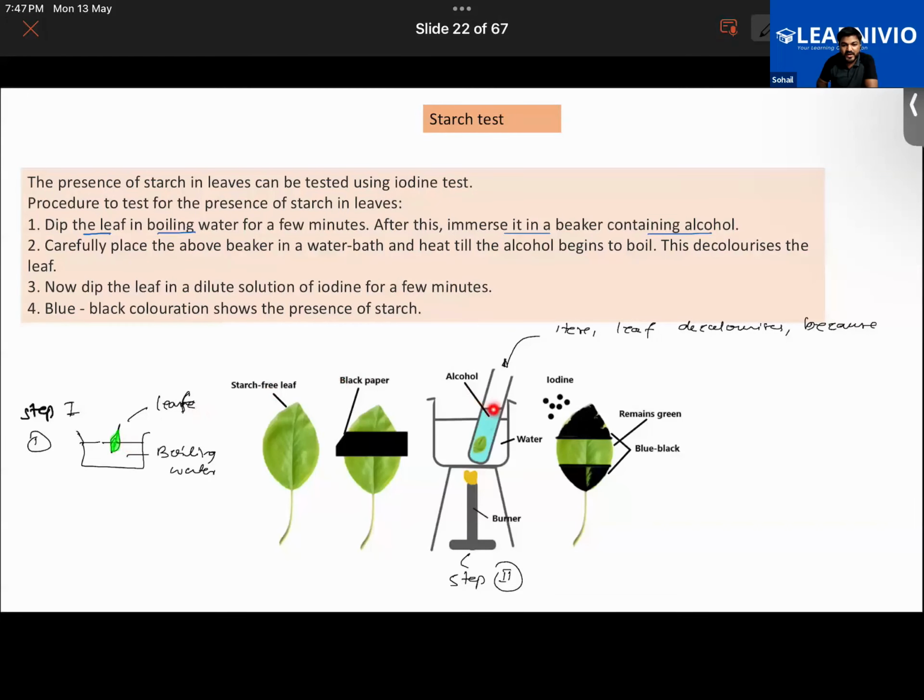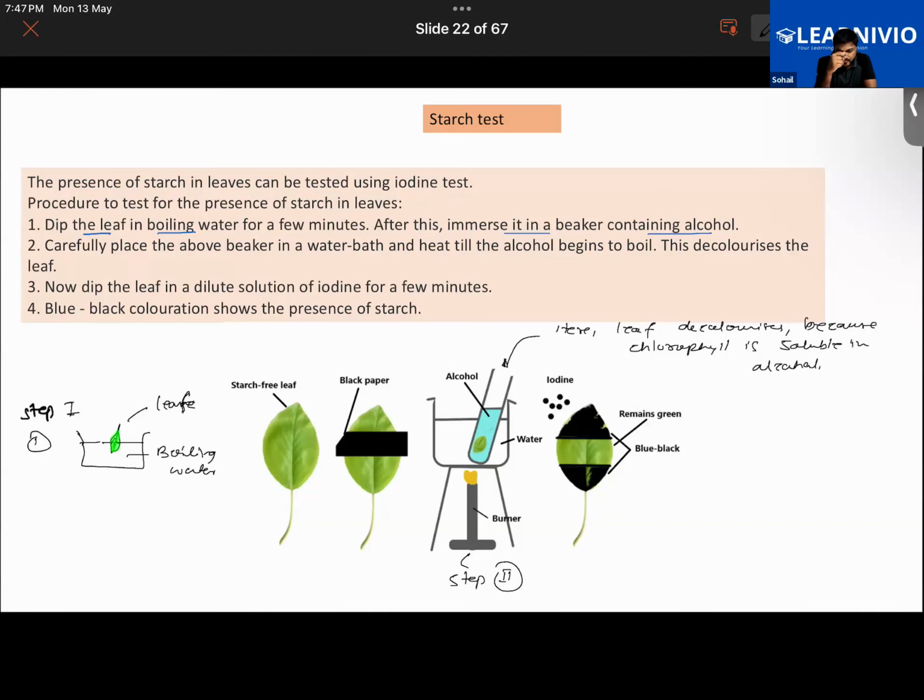But once you boil it in the alcohol, it starts to lose its color. The reason behind this is that chlorophyll is soluble in alcohol. You guys getting my point? So here the leaf decolorizes because chlorophyll is soluble in alcohol.